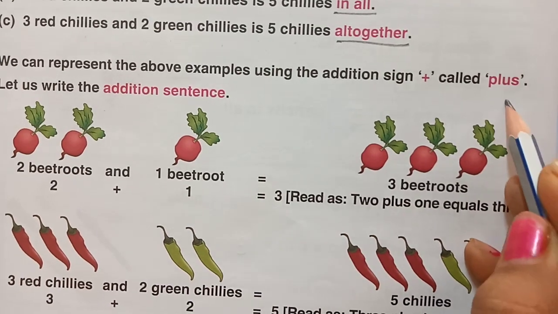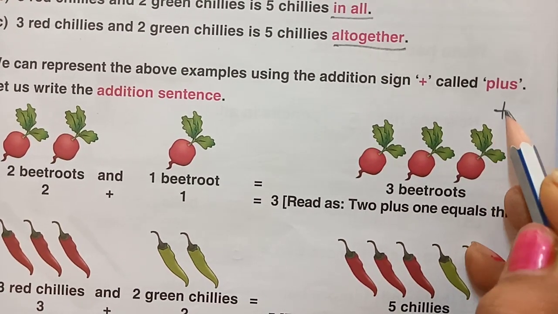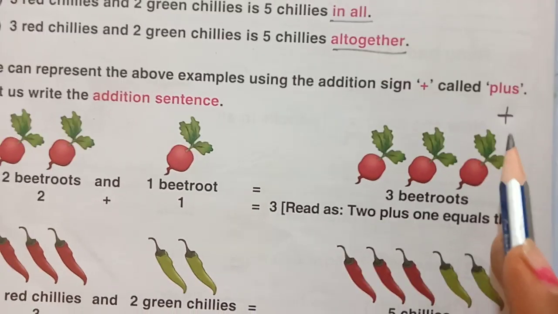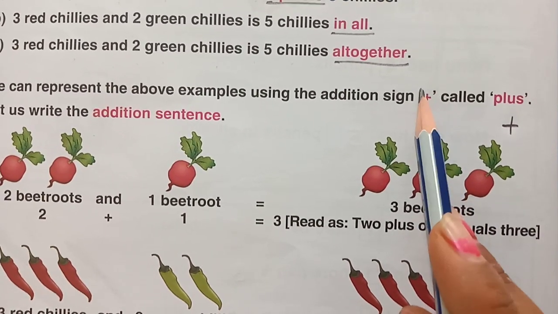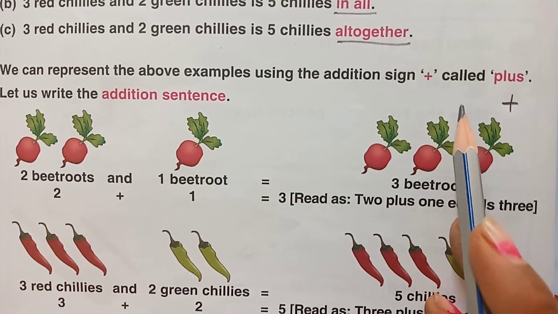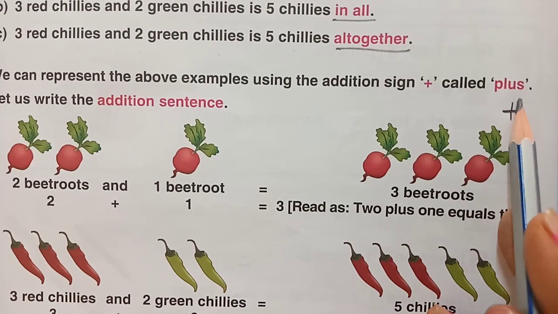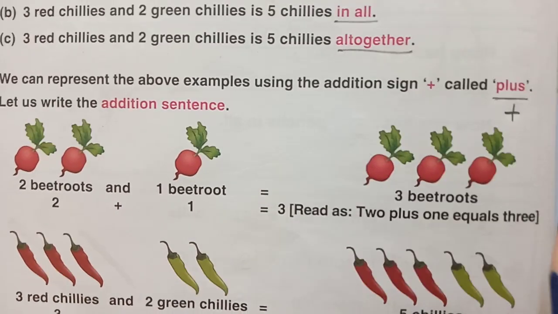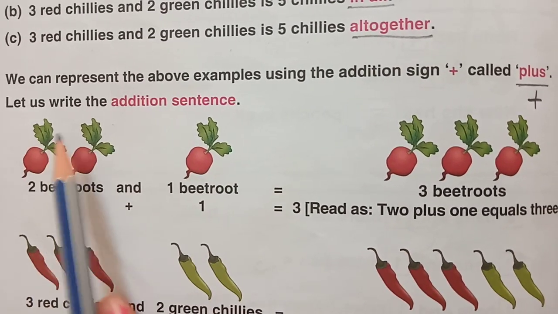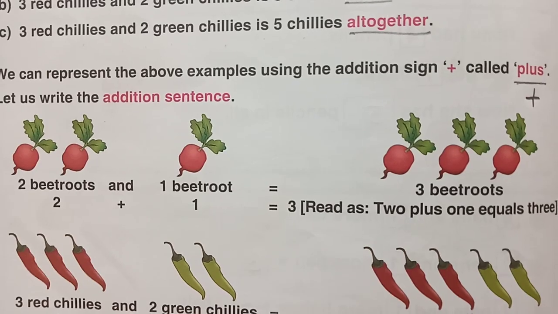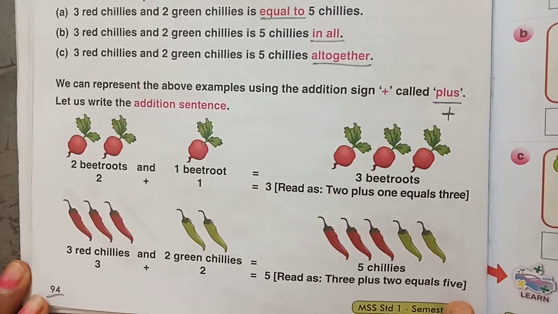See here, one line, and on this line we make one more line. This is the sign of addition. We call that sign PLUS, plus. Let us write the addition sentence.